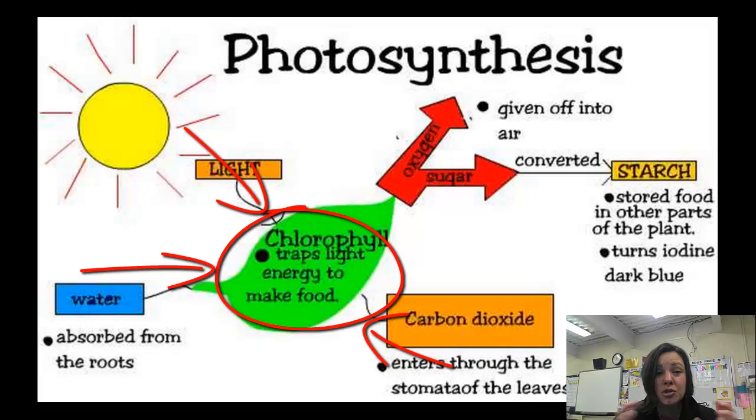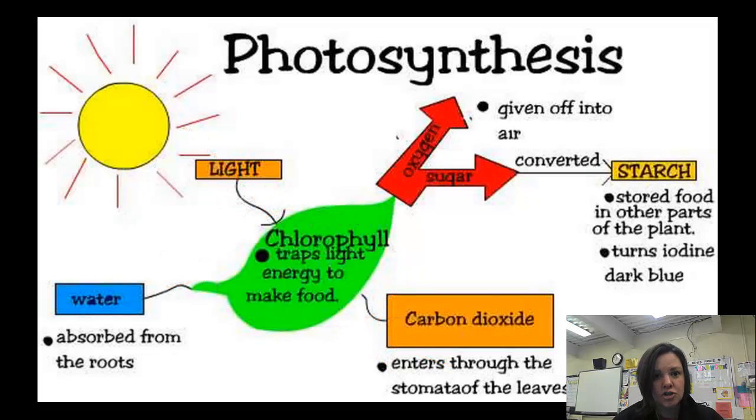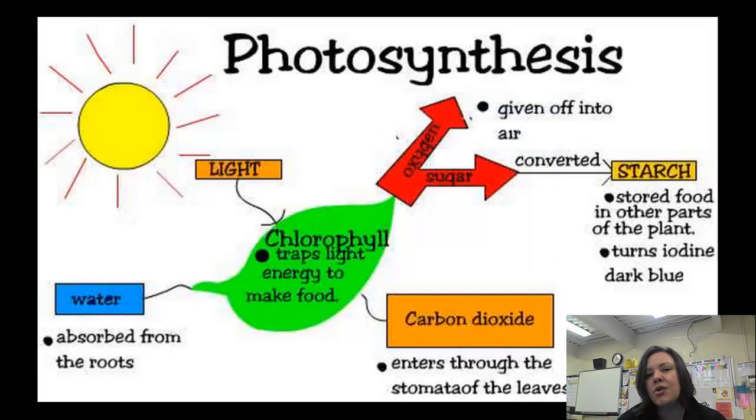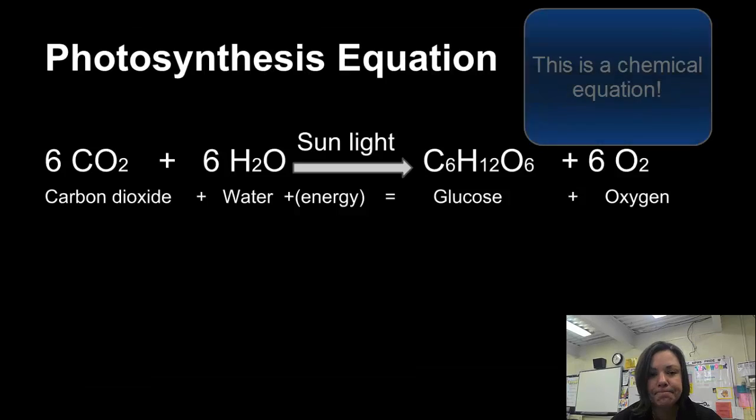Those three things combine to create sugar, and as a byproduct, oxygen is given off. Sugar is the energy that we need, and oxygen is what we need to breathe and to live. So photosynthesis in plants is extremely important for us.